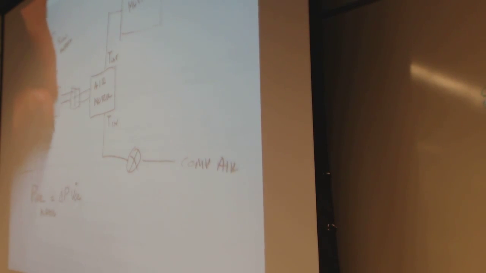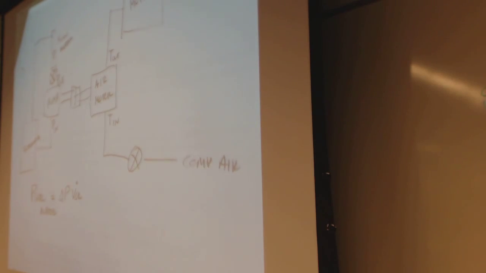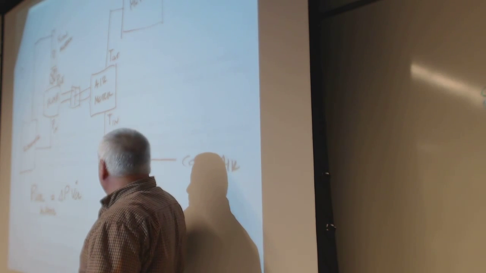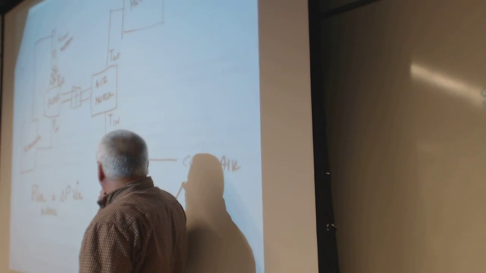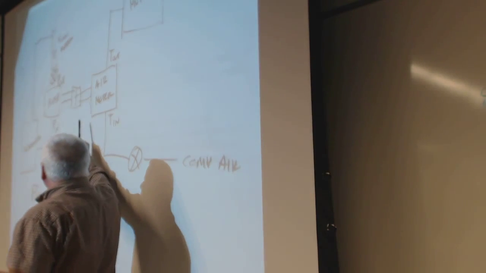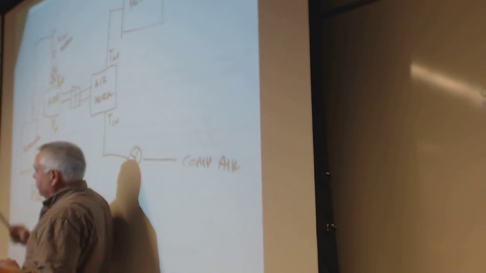And we have temperature here and temperature there. Compressed air goes in, you control the amount of power in compressed air with this. What varies is the RPMs.